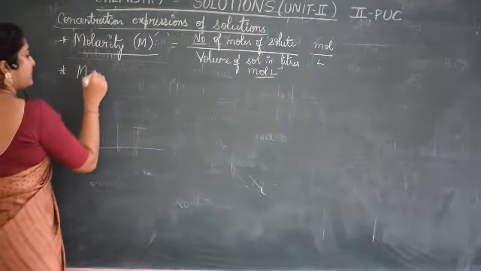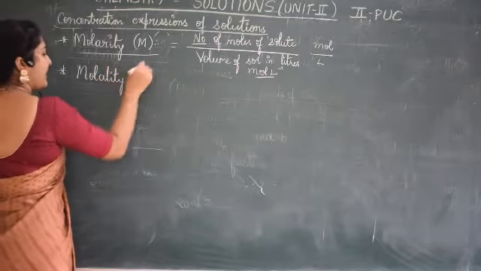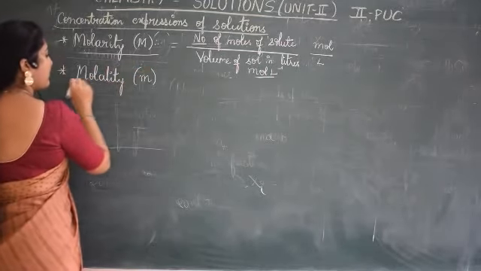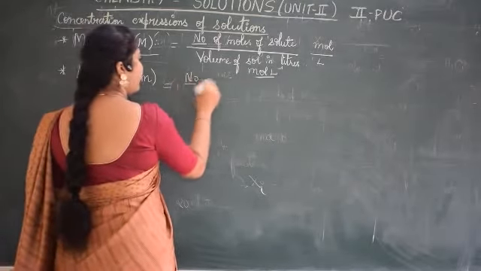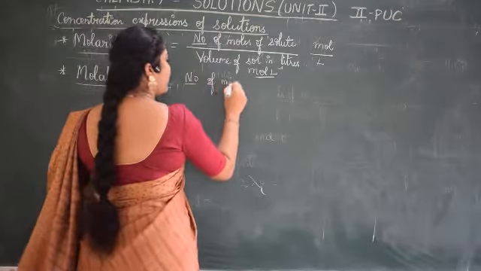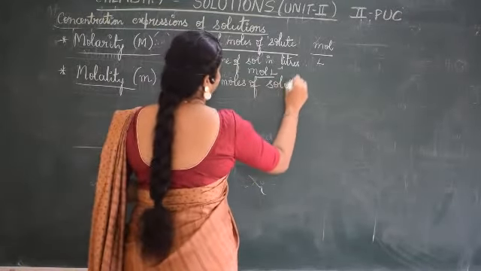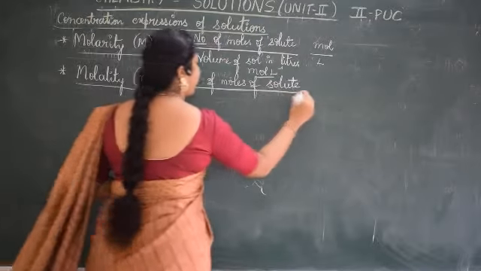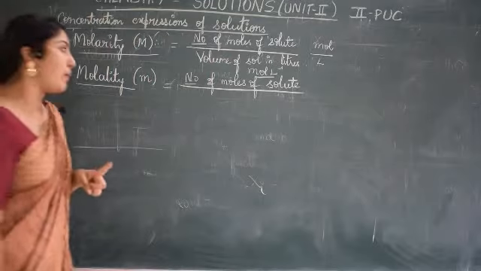Molality. Molality is denoted by small letter m. How do you define it? Number of moles of solute, the numerator is the same, but in the denominator it is the mass of solvent, only the solvent.